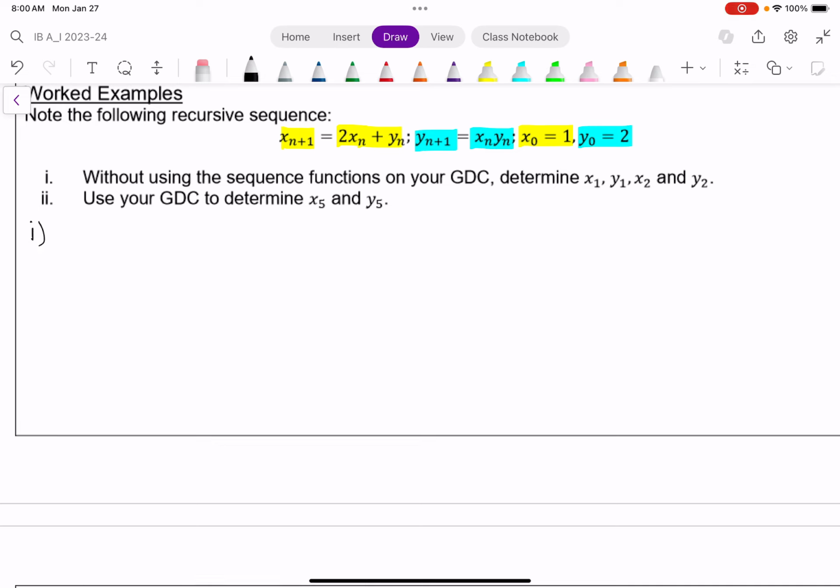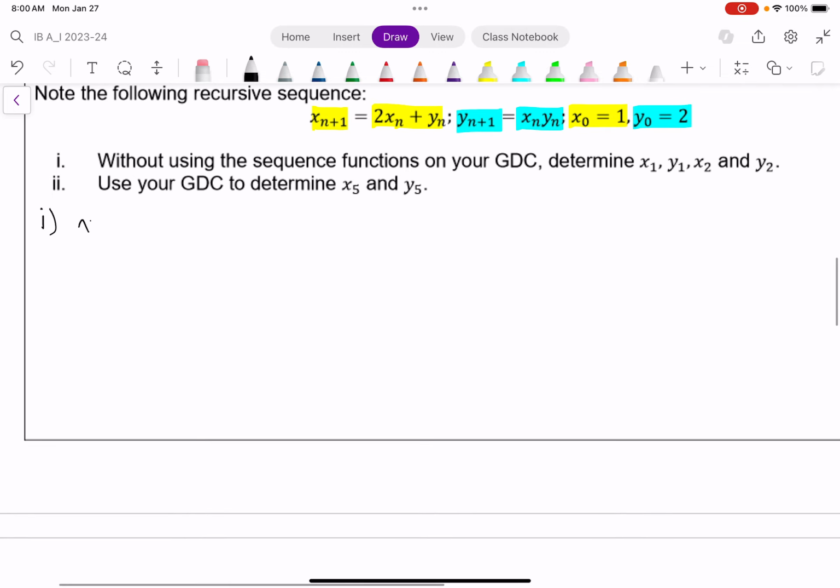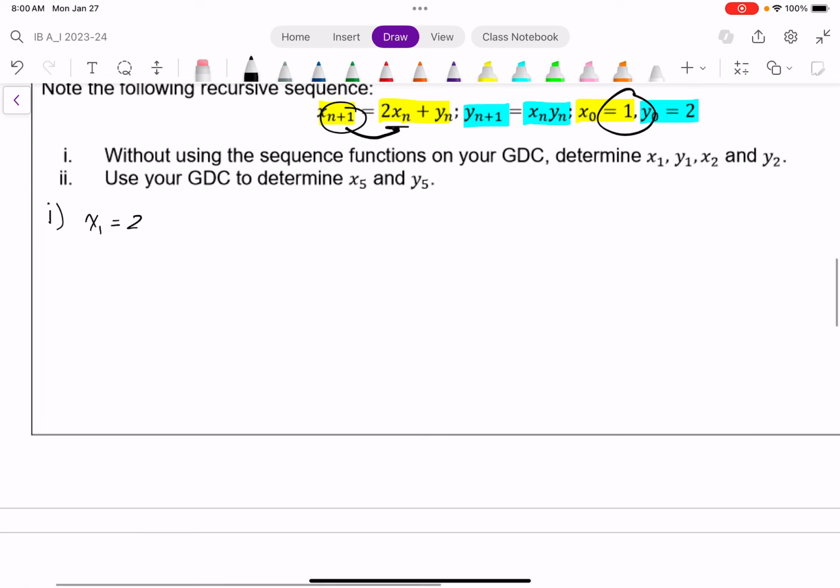So for part 1, I know what x_0 is. X_0 is 1. Well, x_1 is the same as 2 times x_(n-1), where this represents the term before the one we're looking at now, which we know is 1. So this is 2 times 1 plus y, the previous term. So 2 times 1 plus 2, which is clearly 4.